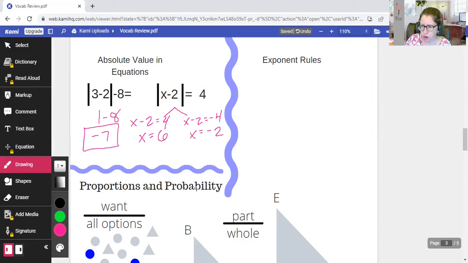All right. Let's go over to our exponent rules. So these are the things that they test all the time. So go ahead and copy these down with me, and then we will talk about what they mean.